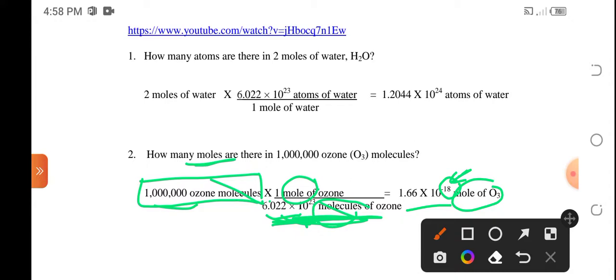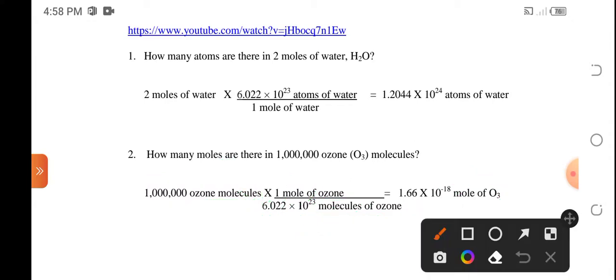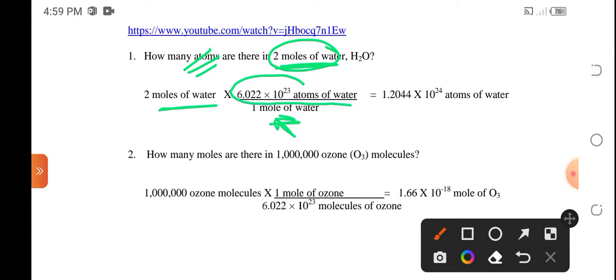Okay? So, ulitin natin. If you are given with a mole and you are required to convert it in atoms, particles, molecules, then you start with the moles, and the multiplier should have the mole on the denominator, and the Avogadro's number should be on the numerator side, so that whatever particles are there would be cancelled, and whatever moles are there will be cancelled, and you are left with the required.